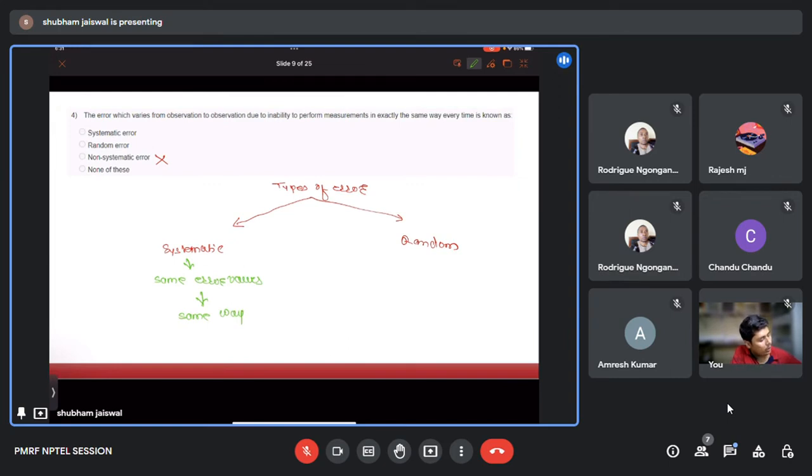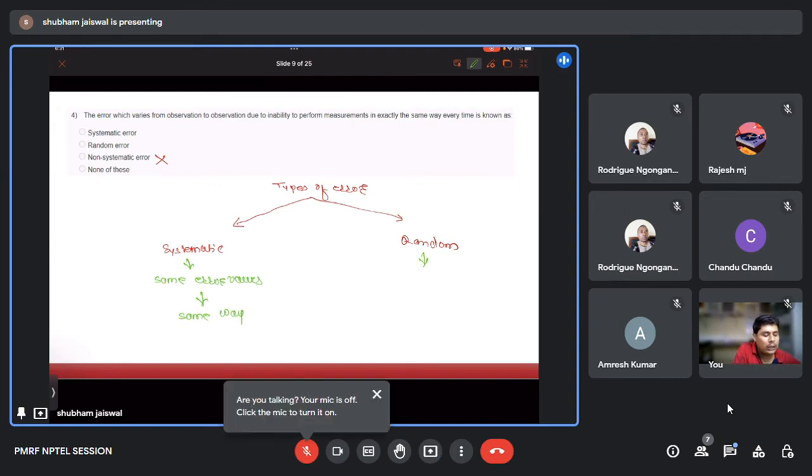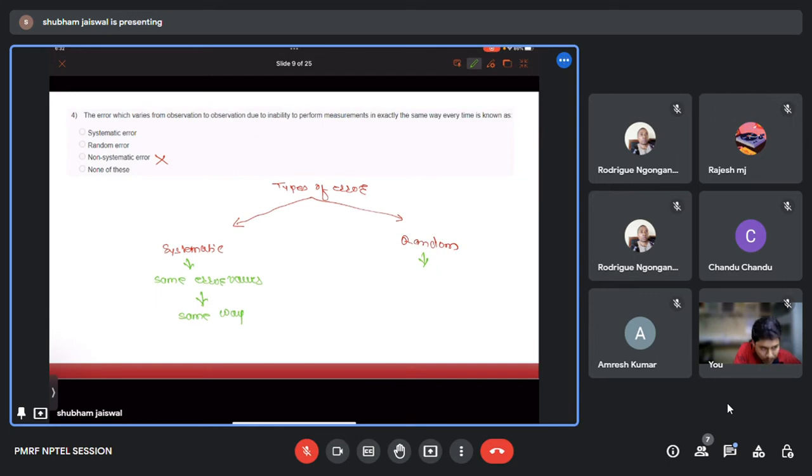Random error is the error in which the error may vary from observation to observation. That is due to the person not being able to perform the measurement exactly the same way every time, like if I am measuring the same sample again and again.